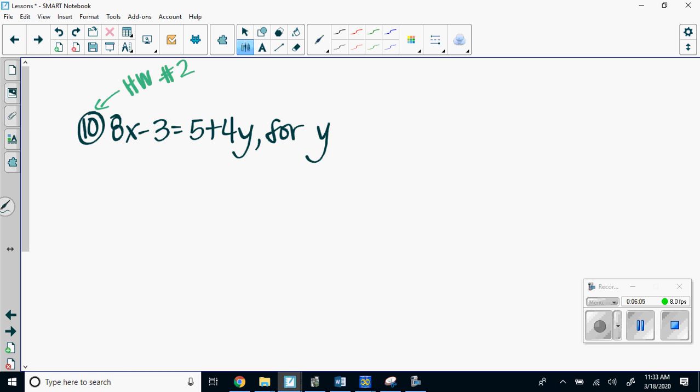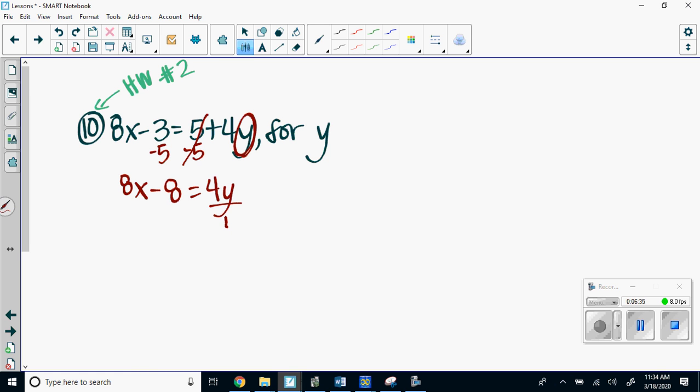So I want to get this variable right here all by itself. I'm going to start by getting rid of this 5. So I'm going to subtract 5 over. And when I do that, it's not like dividing. Dividing you have to do to every term because you like distribute it in. Minusing you just do to the like term. So 8x minus 8 equals 4y.